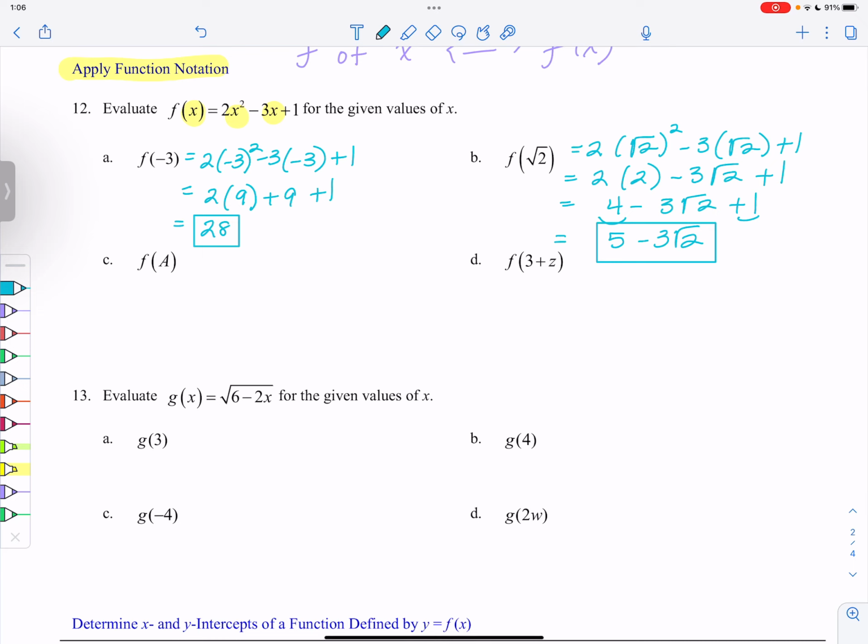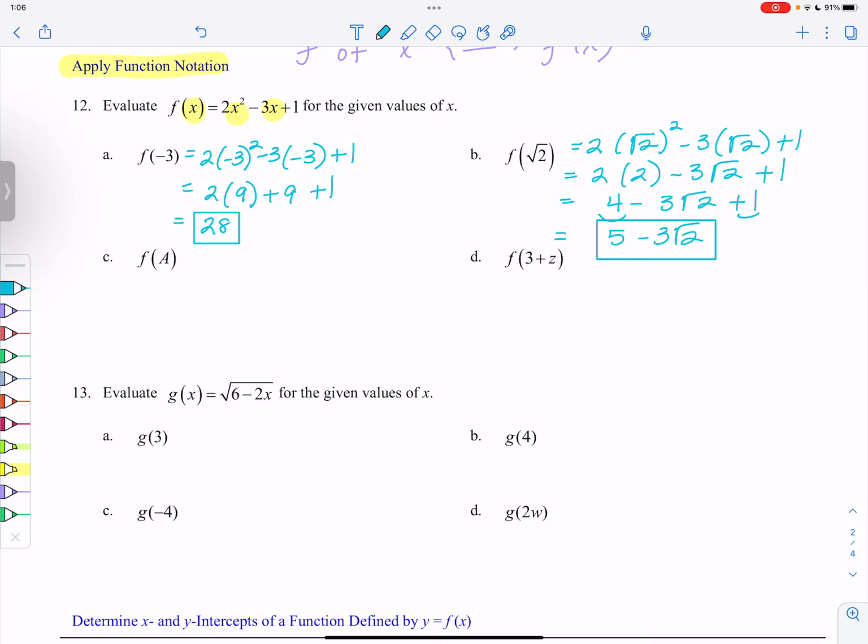Taking a look at C, we want everywhere there's an x, we're going to write an a. So this is 2 times a squared minus 3 times a plus 1. And that's it.